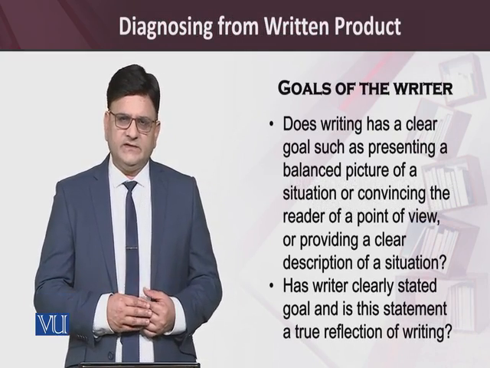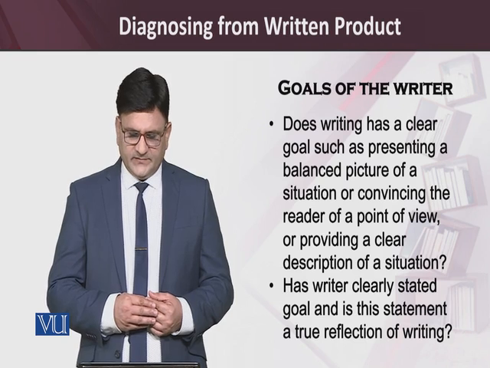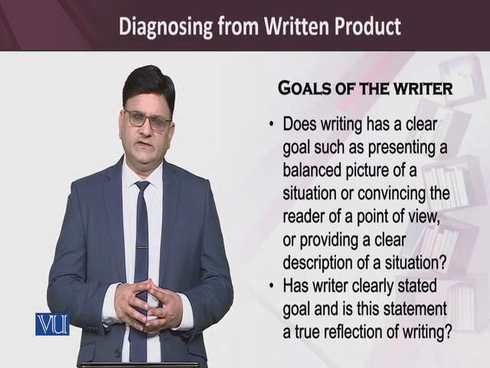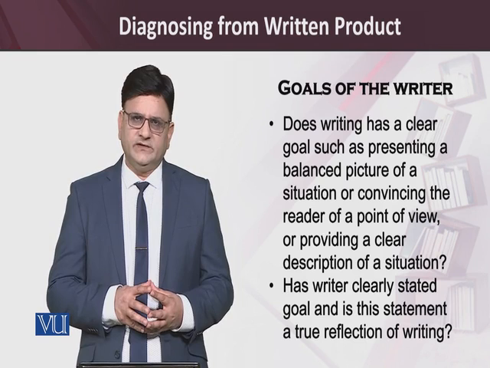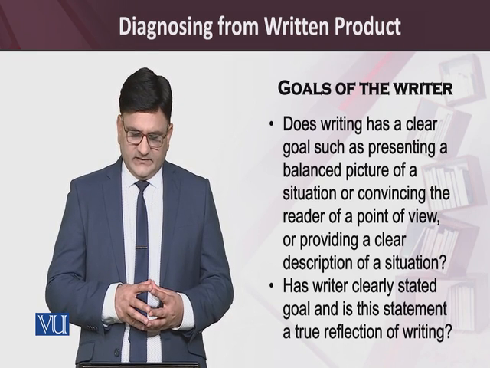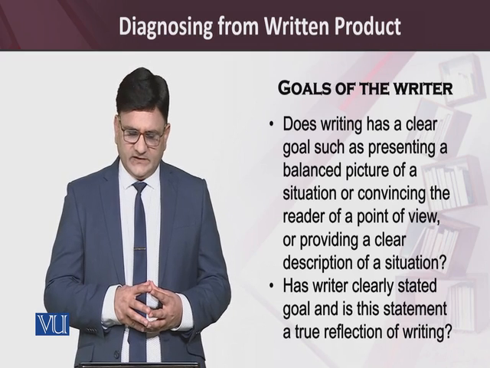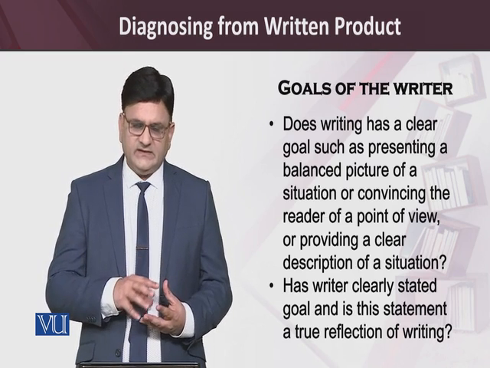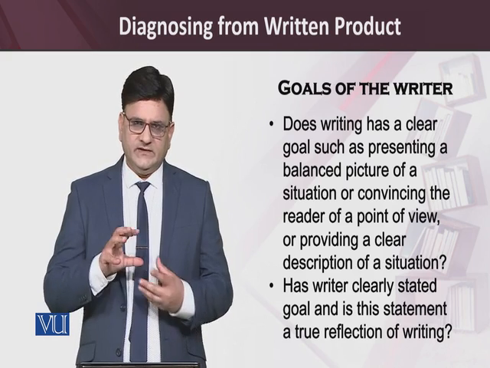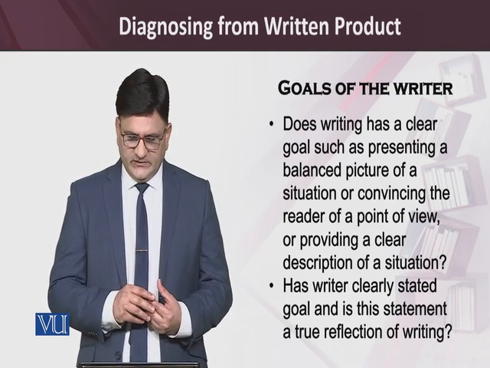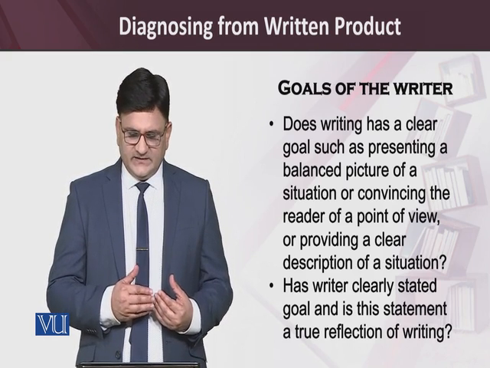The first question is to make our students think about the goals of their writing. In terms of thinking about the goals of writing, we can train them to think if their writing has a clear goal, whether it's been written for a particular goal, such as presenting a balanced picture.